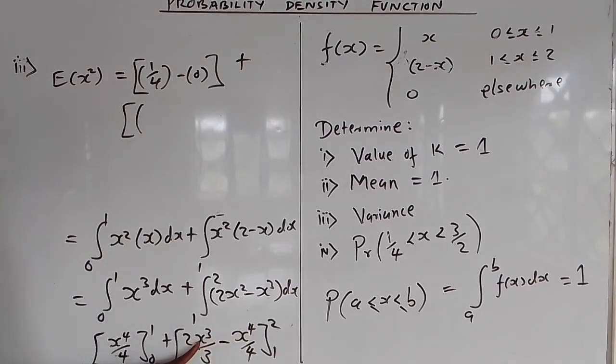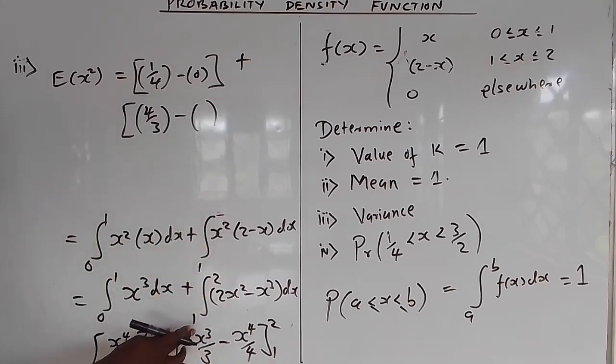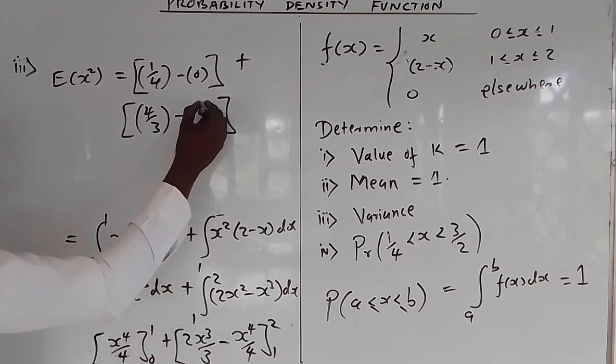When x is 2, you get 16 over 3 minus 2 raised to power 4 over 4, which is 16 over 4, that is 4. So you have 16 over 3 minus 4, which is 4 over 3 as the upper limit. Then for the lower limit, when x is 1, you have 2 over 3 minus 1 over 4, which gives 5 over 12.